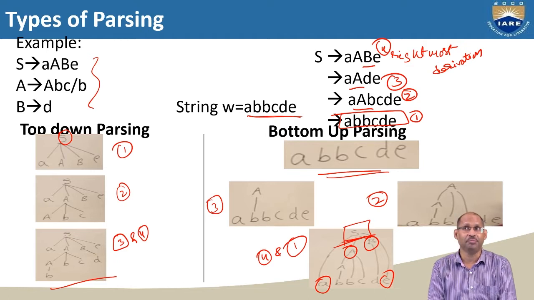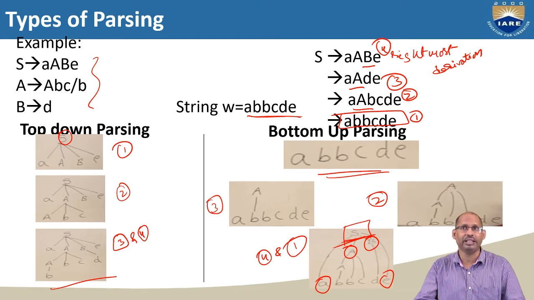The reverse of a rightmost derivation we consider as a bottom-up parsing method. Now, this is the main difference between the top-down parsing method and the bottom-up parsing method. In the top-down parsing method, we are using the leftmost derivation, and in the bottom-up parsing method, we are using the reverse of the rightmost derivation.